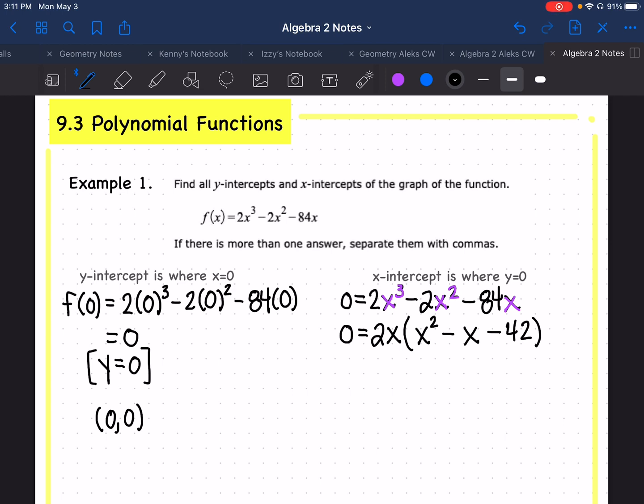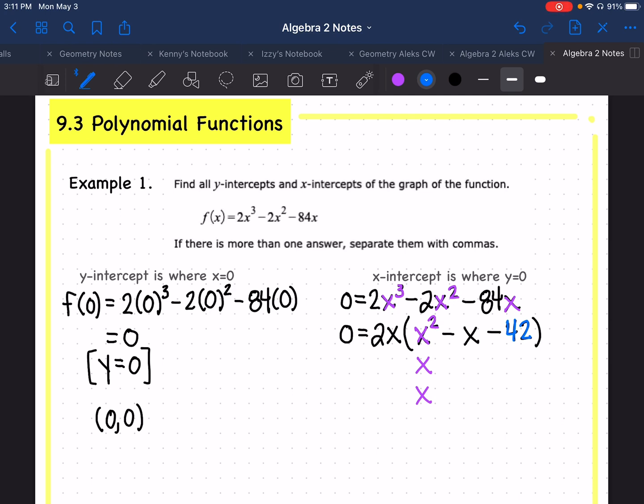Now I can go ahead and I can factor the polynomial, the quadratic, inside the parentheses. So remember we talked about x squared. X squared is x times x. And then we talked about the 42. Now it is a negative 42, but think of it as just 42 for now. It could be 1 times 42.